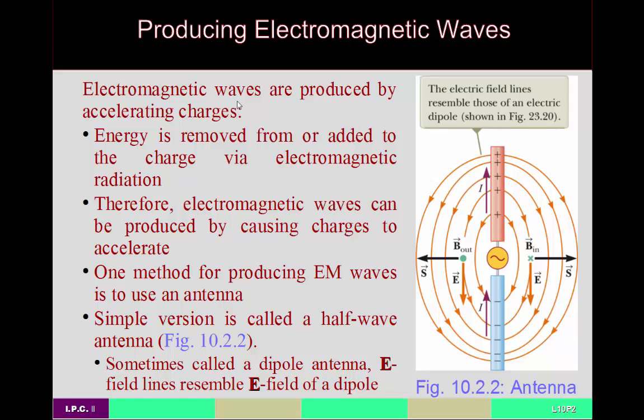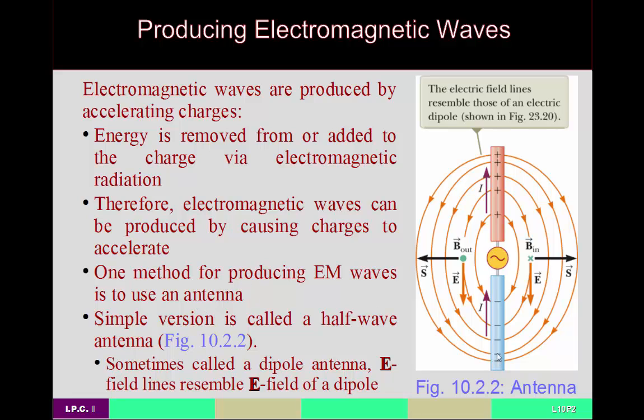And so if you can find a way to cause a charge to accelerate, then you can find a way to produce an electromagnetic wave. And so the antenna, which is actually pictured here, is maybe the simplest way to do that, and perhaps is the oldest way to do that in a controlled manner.